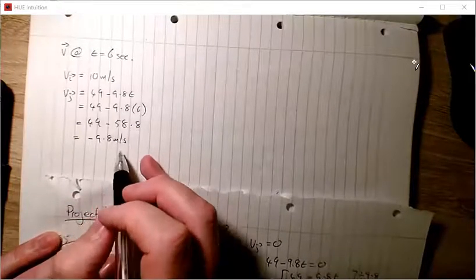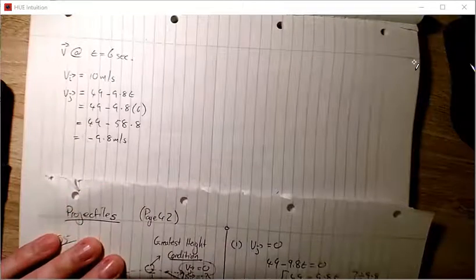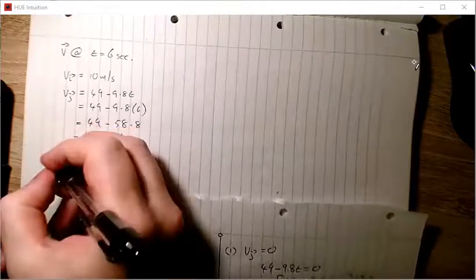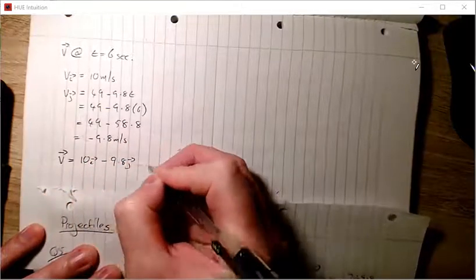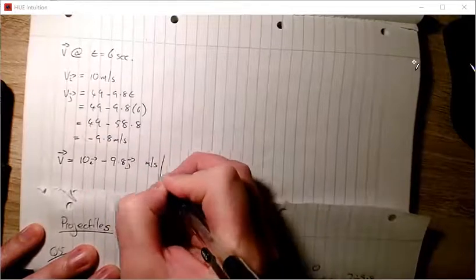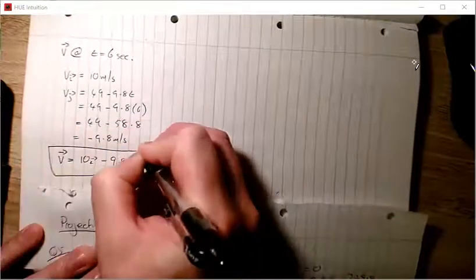Subtract them, it's minus 9.8 meters per second. That, by the way, has nothing to do with gravity. It's purely a coincidence that we get minus 9.8 there. But that's the velocity in the j direction. So the velocity that they're asking for after 6 seconds is 10 in the I direction, minus 9.8 in the j direction, with the unit of meters per second. So that's the answer to part 3.